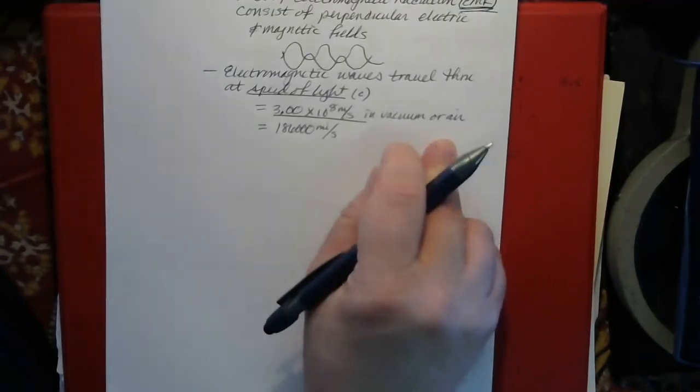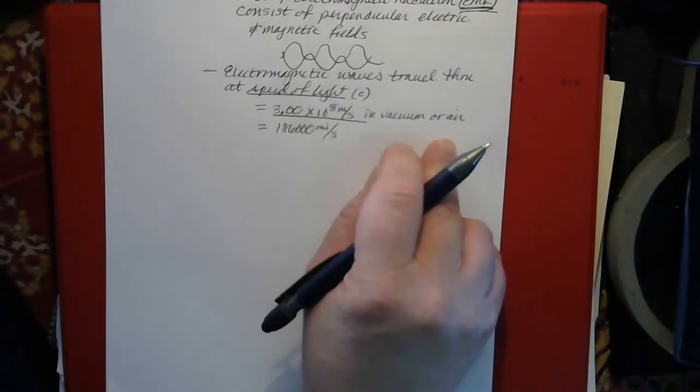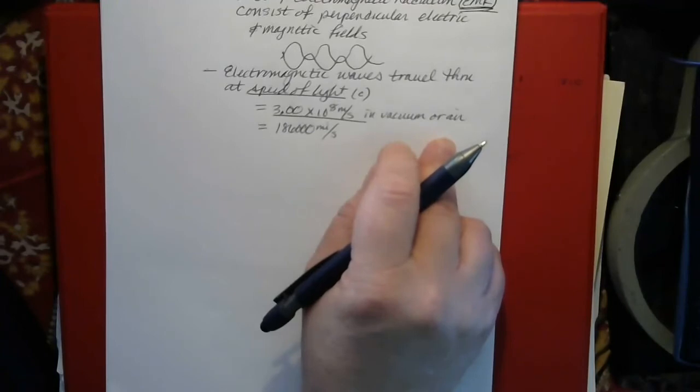Actually, the medium through which the light is traveling has an effect on the speed of light. We often think of the speed of light as being a constant, but it's a constant in air or in vacuum. The speed of light in water would be significantly slower than 3 times 10 to the 8th meters per second. And the speed of light in glass is significantly slower than 3 times 10 to the 8th meters per second.